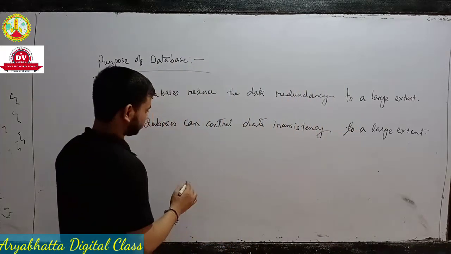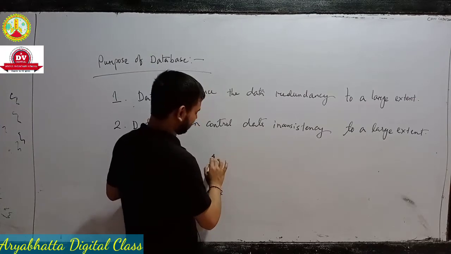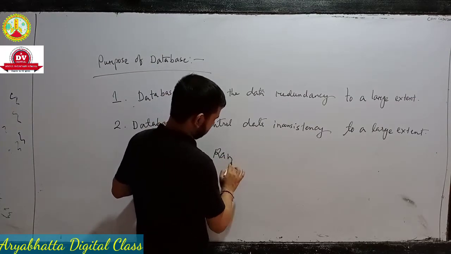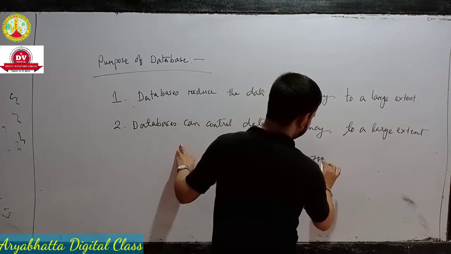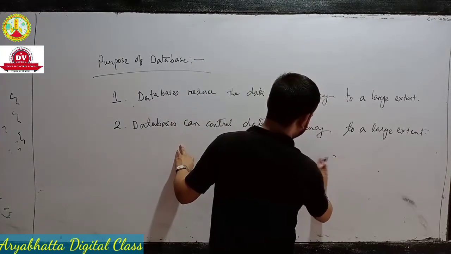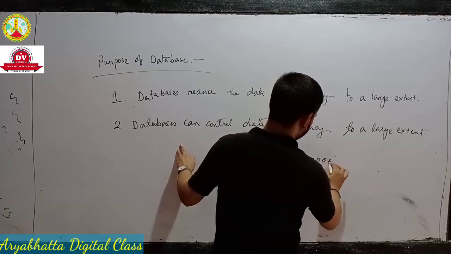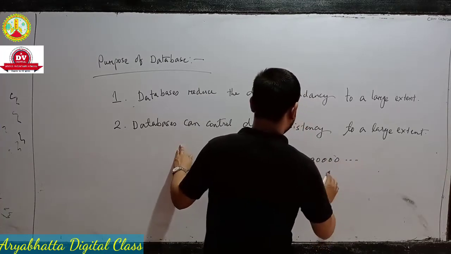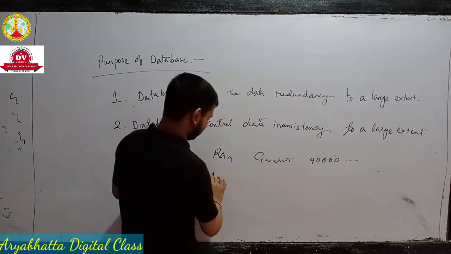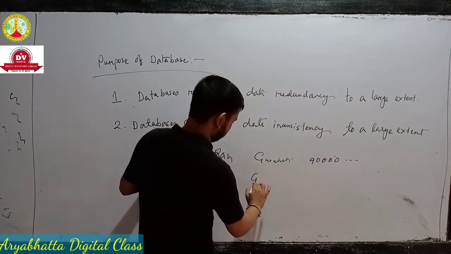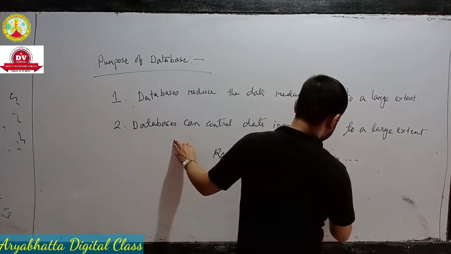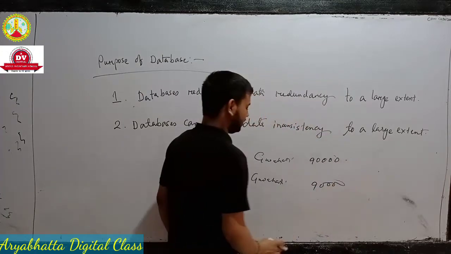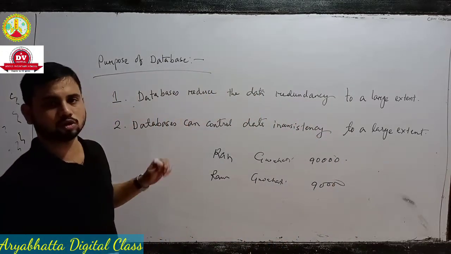Suppose again I take the same example: Guwahati, and suppose a phone number, and suppose one code. Again this information is stored, meaning the same information is stored twice.